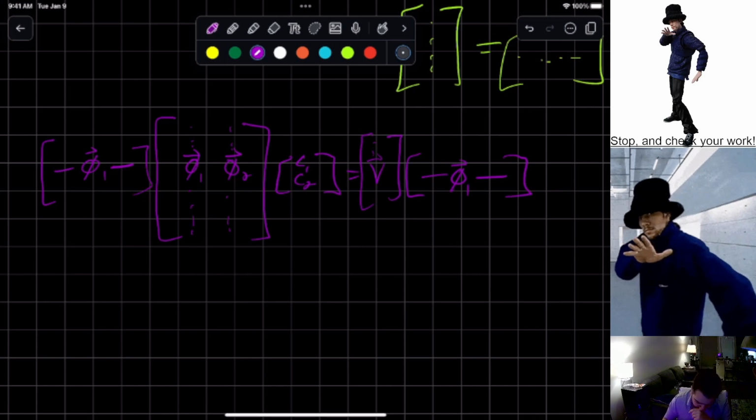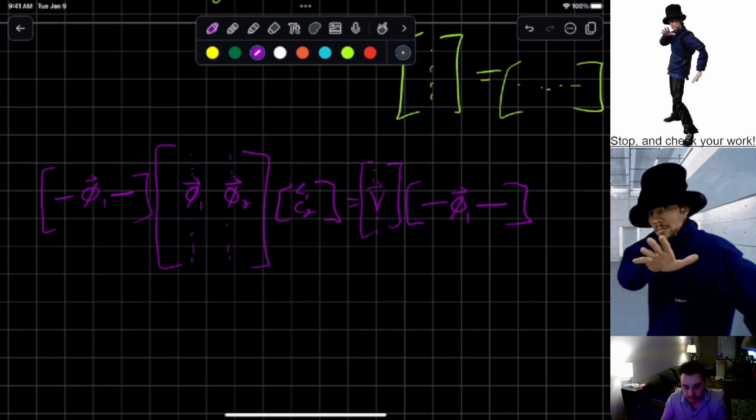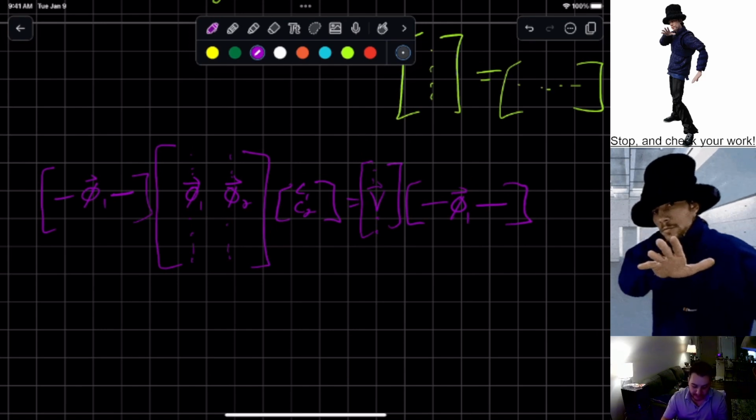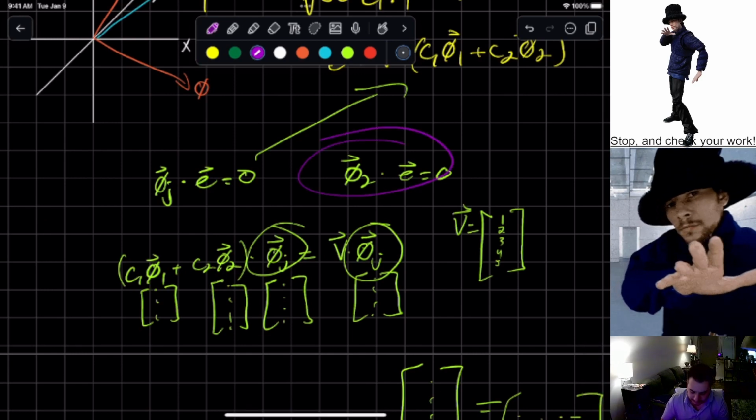So this is something. This is only for theta 1. But we still have this theta 2 up here that we haven't really dealt with yet.